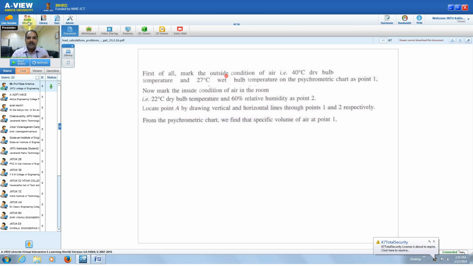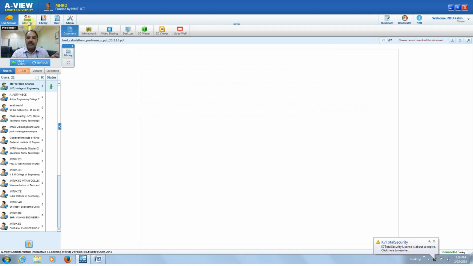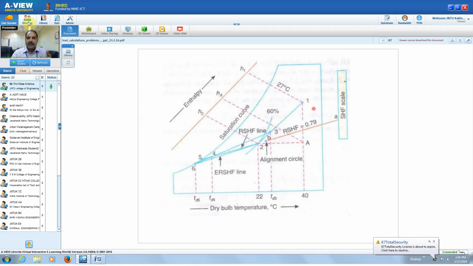First of all, mark the outside condition of air. Generally, outside temperature is 40 degrees DBT. So this is the 40 degrees level of temperature. Mark it and draw a small dotted line on the psychometric chart up to the straight line.